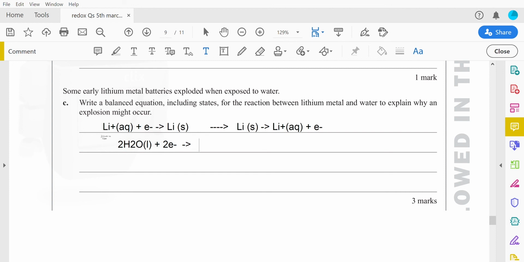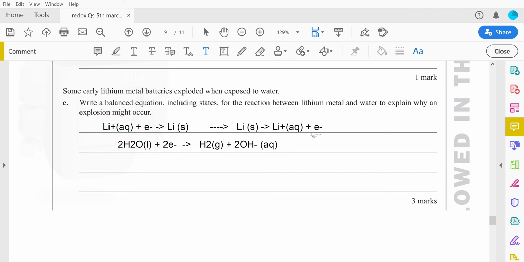So 2 water plus 2 electrons produces hydrogen gas plus 2 hydroxyl ions. I'm very bad at typing and talking and thinking at the same time, I've discovered. So these are my 2 half equations.